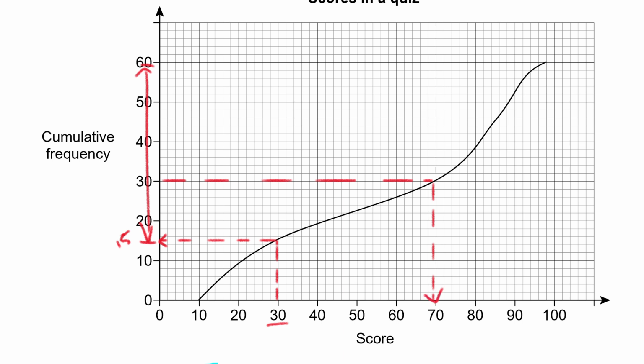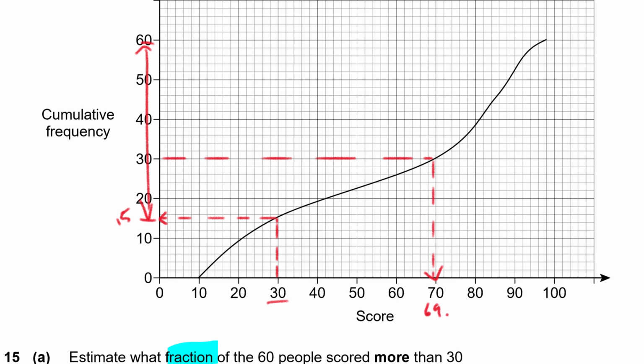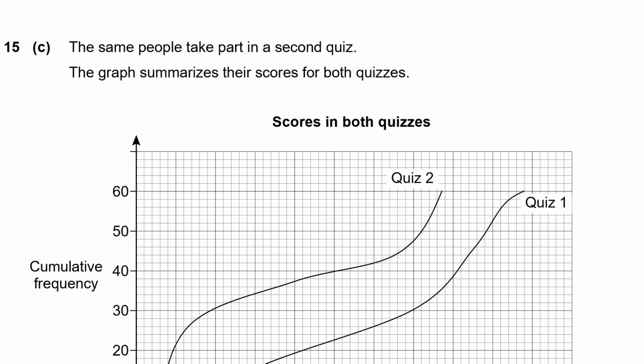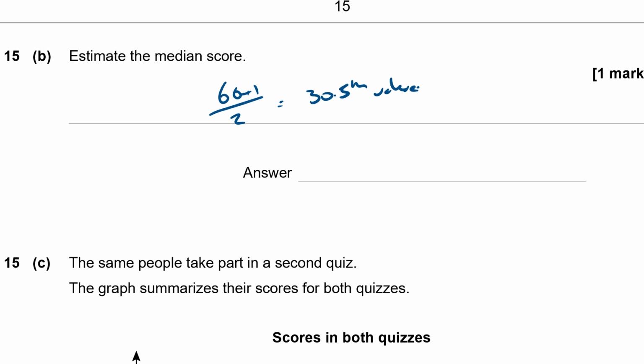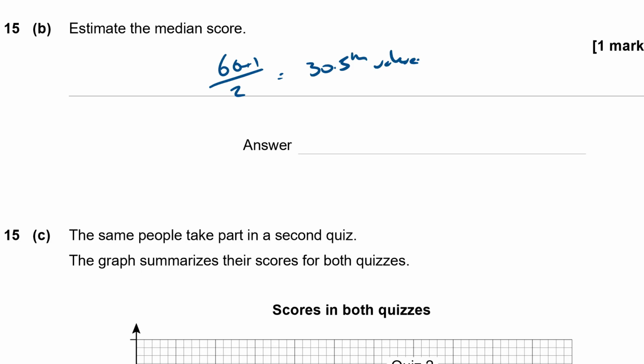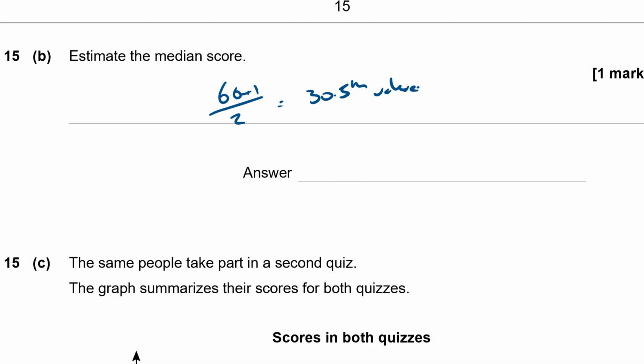I'm going to say that it's 69. So estimate the median score, 69. For now.